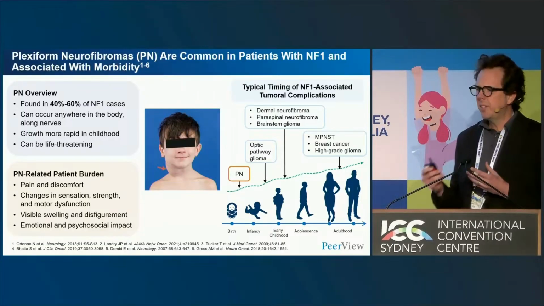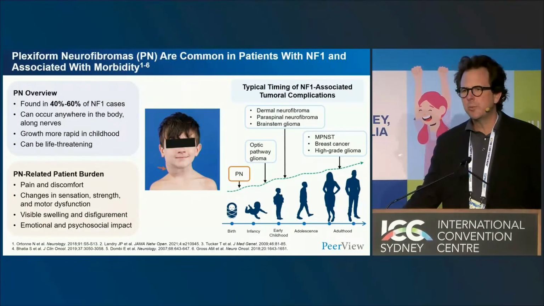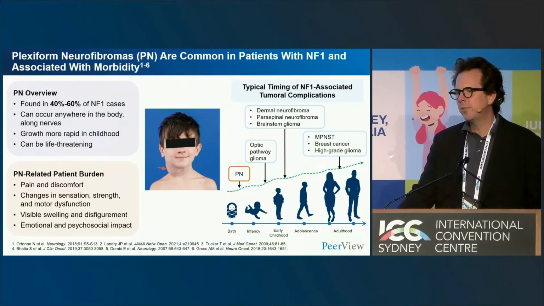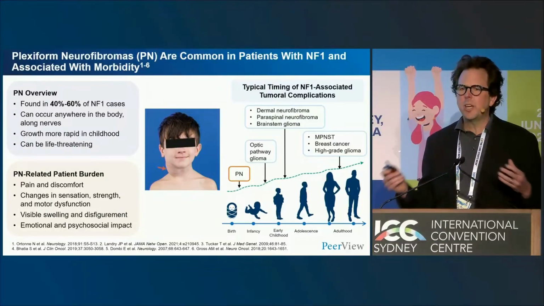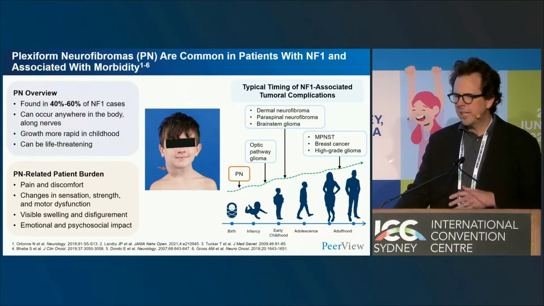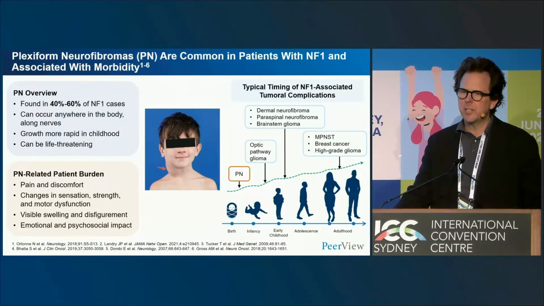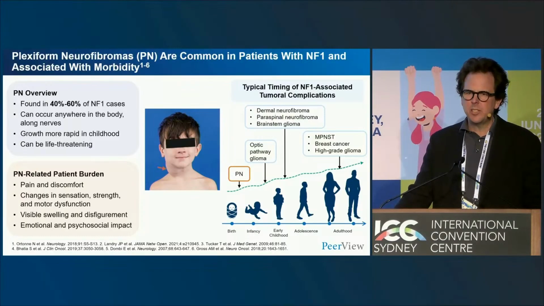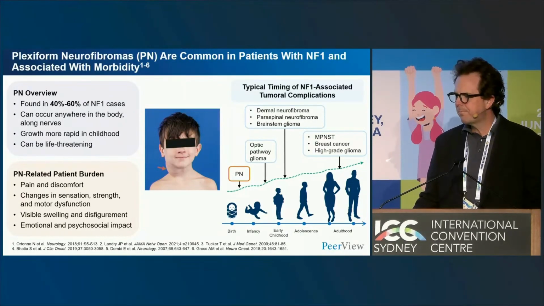And often we think about the associated pain and discomfort as being the critical problem associated with the experience for patients with plexiform neurofibromas. But remember, they can also have impact on swelling, disfigurement, the cosmetic impact, and the associated emotional and psychosocial impact of these is also substantial and something that we need to consider when we're providing care for this patient group.